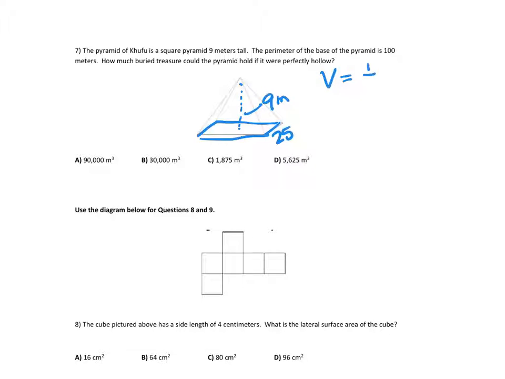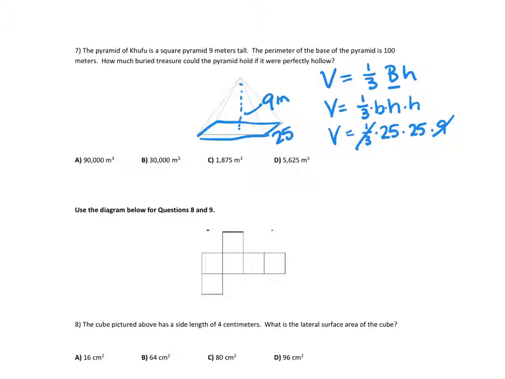Okay, so you're doing this formula here. Okay, my base is a rectangle. So 1/3 length times width times height, or base times height times height. I've been saying base times height times height, so let me fix that. Okay. So 1/3 of 25 times 25 times 9. Okay, I can take 1/3 of 9, fairly simple. So 1/3 of 9 is 3.